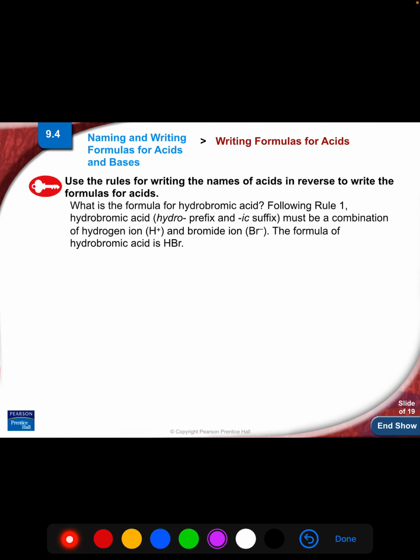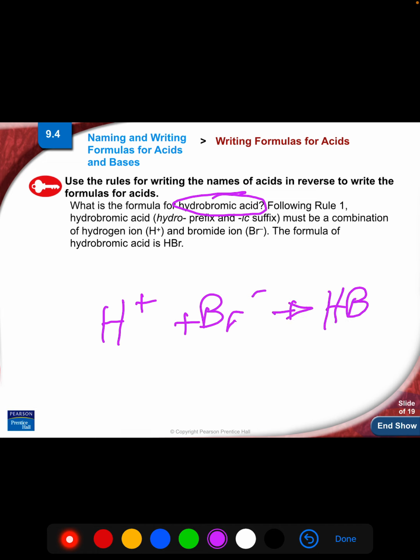Okay, so if you are given hydrobromic acid, it's got the hydro in front, so it must have the H from the hydro, and it must be made out of bromide, the bromide anion. So H plus Br minus gives me hydrobromic acid. There's my cation, and that makes it an acid.